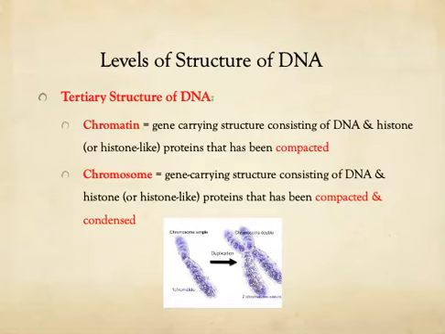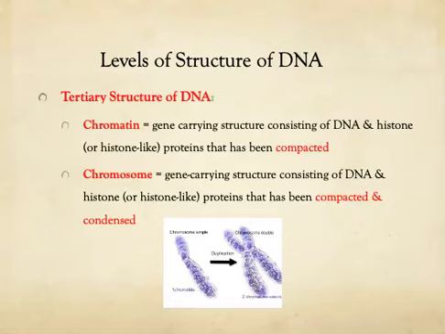Now, histone proteins only exist in eukaryotic organisms. The bacteria and the archaea actually have what are called histone-like proteins. They're very similar to histone proteins, but they're not exactly the same. The double-stranded DNA molecule will wrap around these histone or histone-like proteins in a very ordered way.